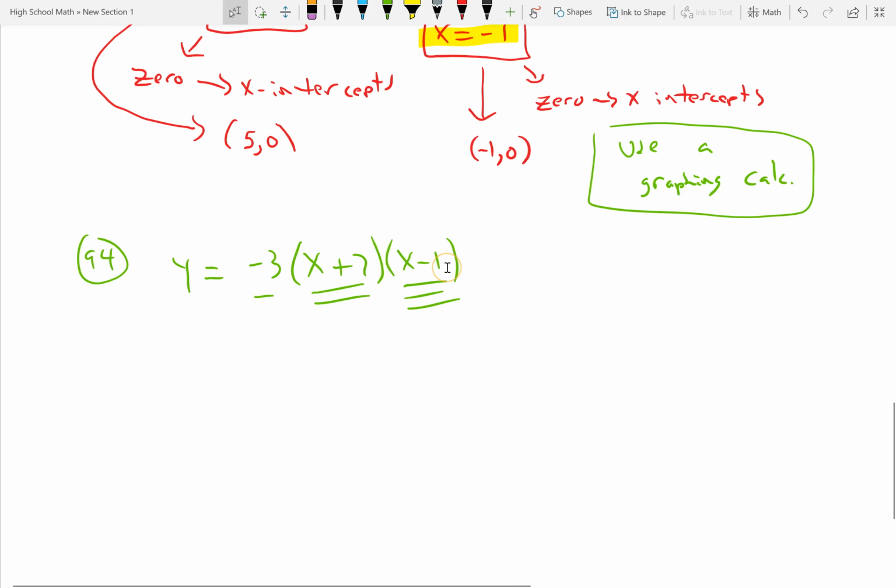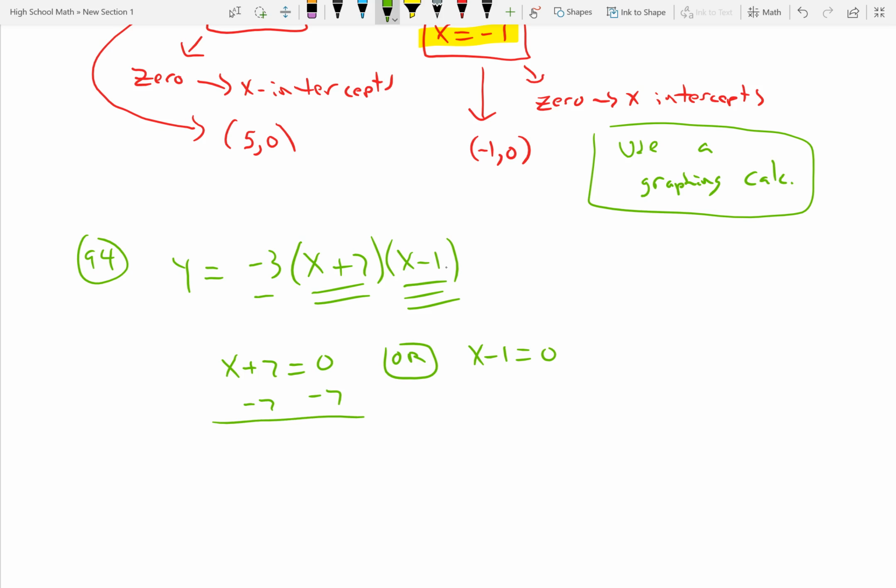I'm going to set these individually equal to 0. Hopefully you know by now it's going to be negative 7 and positive 1. x plus 7 is equal to 0, or x minus 1 equals 0. Here, subtracting 7 on both sides, we get that x is negative 7. Here, adding 1 on both sides, we get that x is 1.